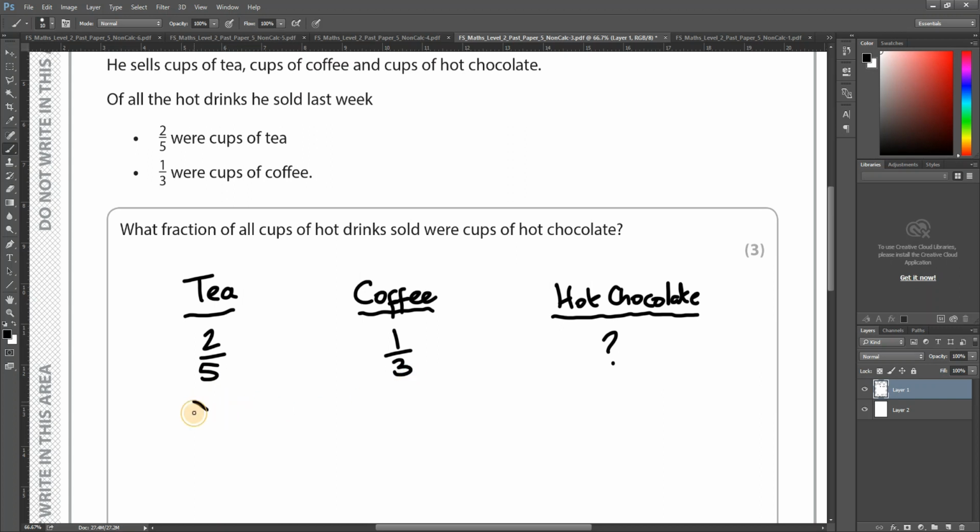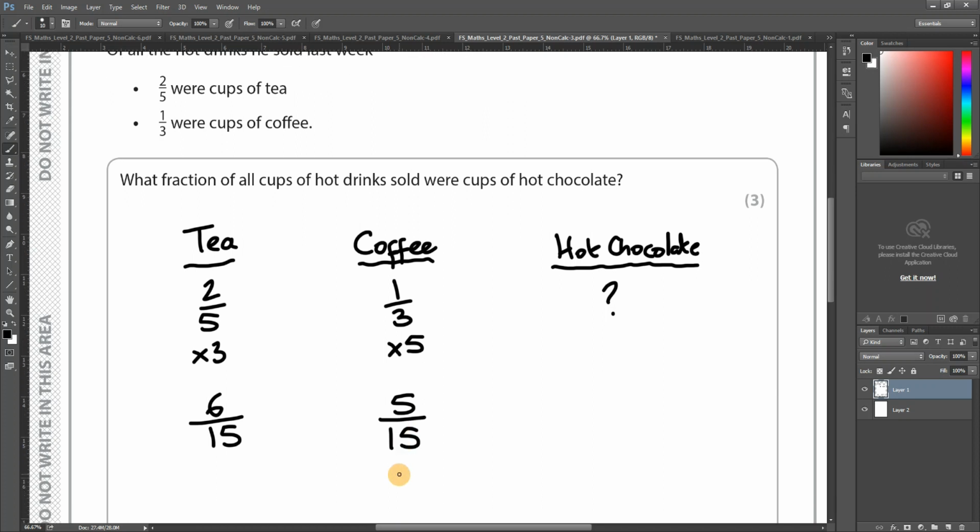You're going to have to multiply this one by 3 and multiply this one by 5. If you multiply the bottom by 3 here, you have to multiply the top by 3 as well. So that's 2 times 3, which gives you 6, and for the bottom we got 15. Same for this as well. If you multiply the bottom by 5, you have to multiply the top by 5 as well. So that's going to be 5 out of 15.